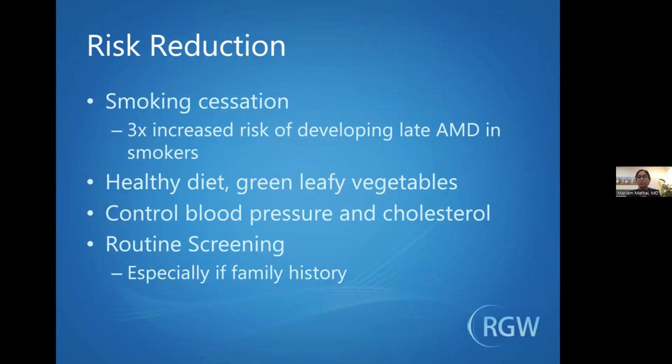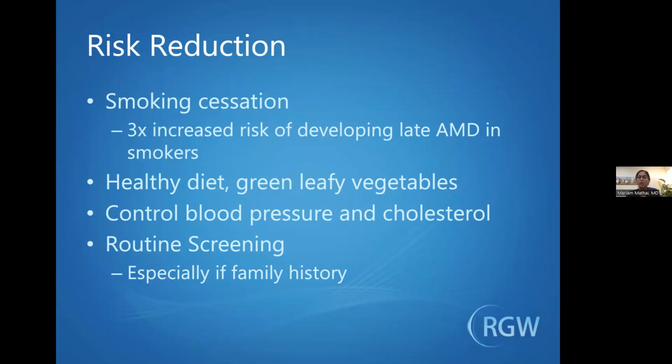Even secondhand smoke from a partner who lives in your home can put you at higher risk for progression. These patients have 3 times the increased risk of developing vision loss from age-related macular degeneration than their counterparts. Not to mention, of course, the other benefits of smoking cessation.